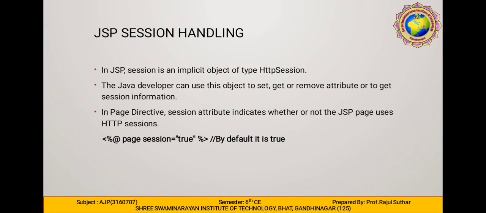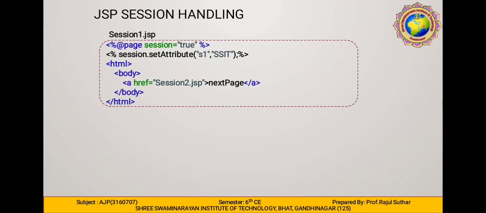This is a simple example, where the page session is equal to true. We require some logic, so session.setAttribute with s1, ssit. Then the HTML part contains one link for forwarding, to move to the next page by clicking on this next page link.